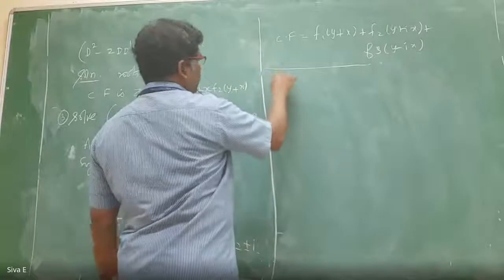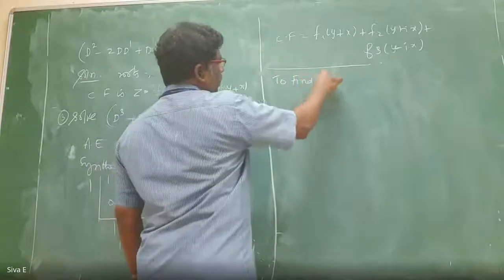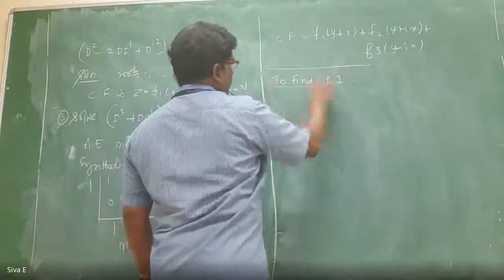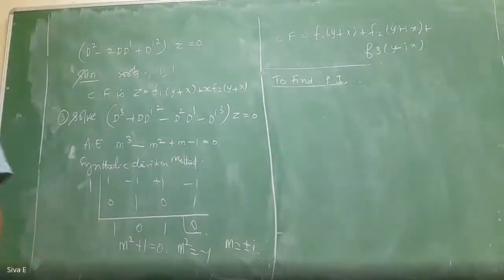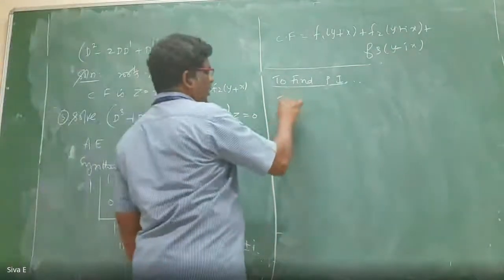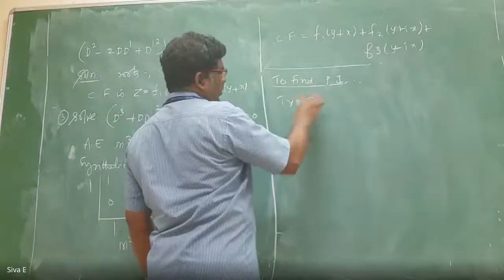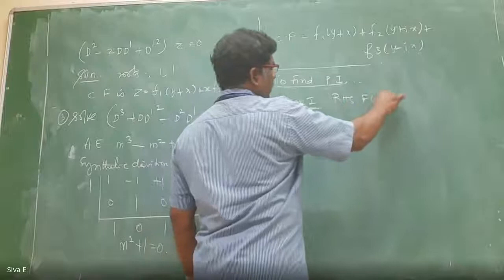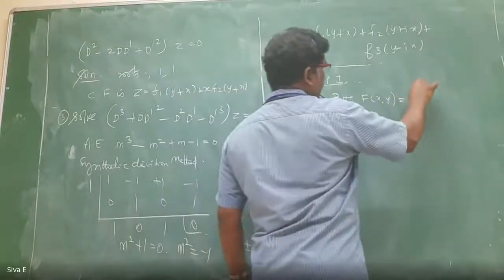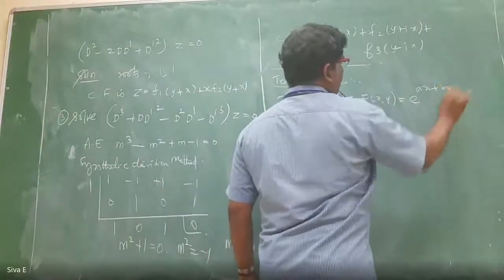Now we find the particular integral topic. Type 1: the right hand side f of x comma y is of the form e power ax plus by.